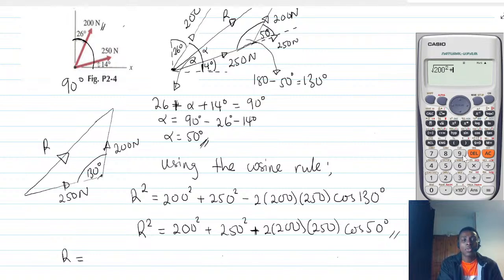All right. So 200 squared plus 250 squared.